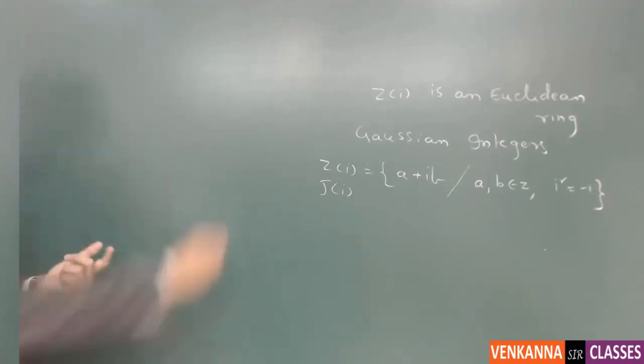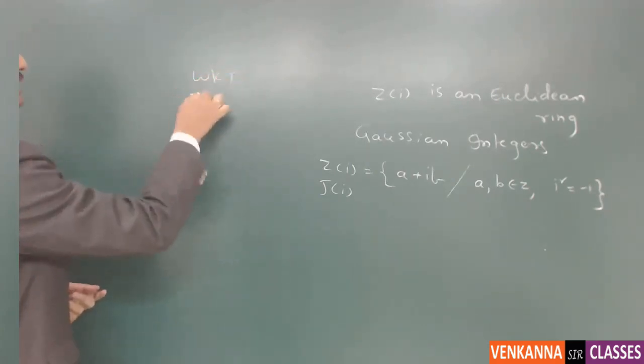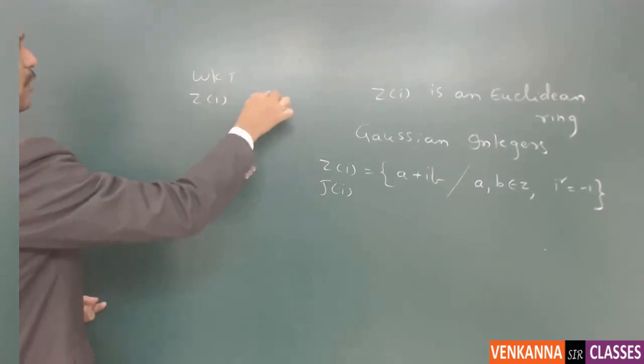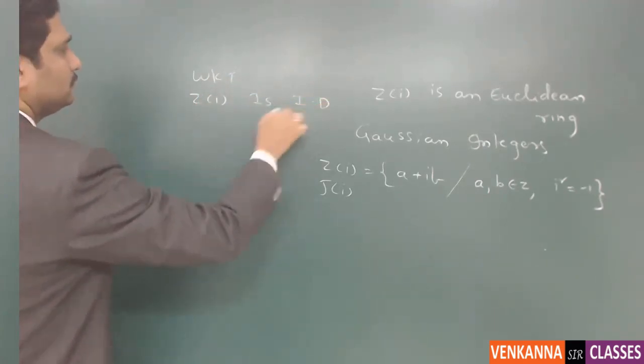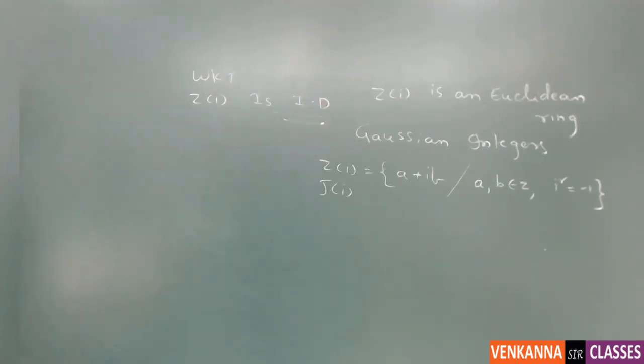So the fundamental thing is, we know that Z of I is an integral domain, because whenever you consider the concept of Euclidean ring, you must first know that the set you have taken is an integral domain. After taking an integral domain, you need to define a function satisfying the two conditions, then only it will become the Euclidean ring.